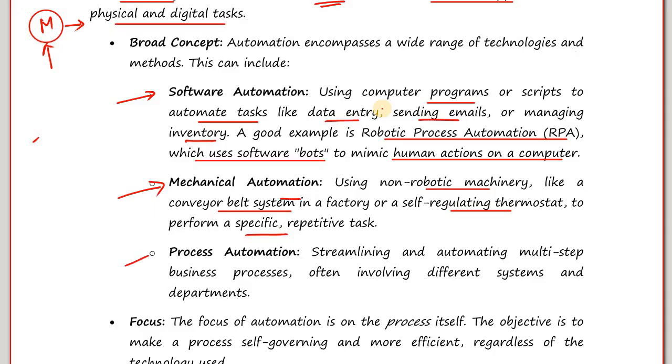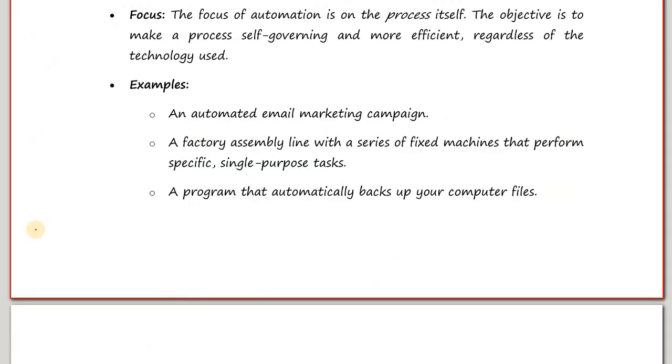We also have process automation, which basically involves streamlining and automating multi-step business processes, often involving different systems and departments. You see, the focus of automation is on the process itself.